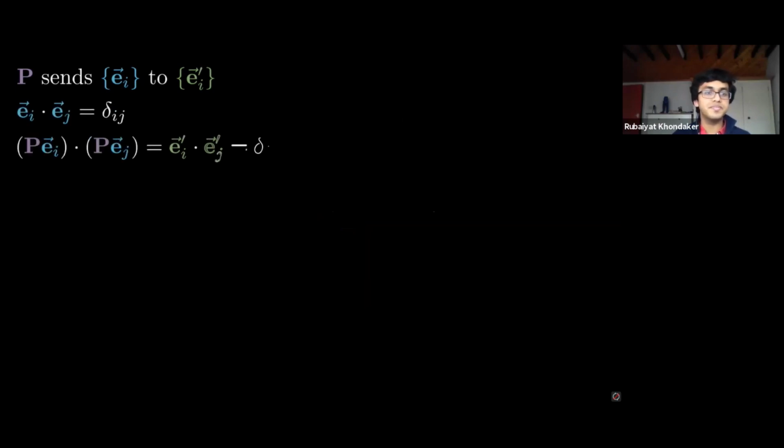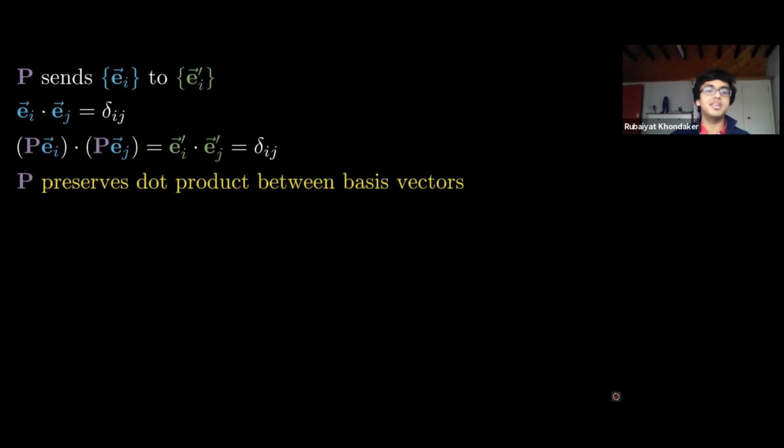Okay, so P sends one basis to another, blah, blah, blah, some Kronecker deltas. And because it preserves dot product between basis vectors, it preserves it in general, which you can prove using some linearity. But the basic idea is that the lengths of each basis vector don't change. And that's actually enough to say that it's an orthogonal matrix.